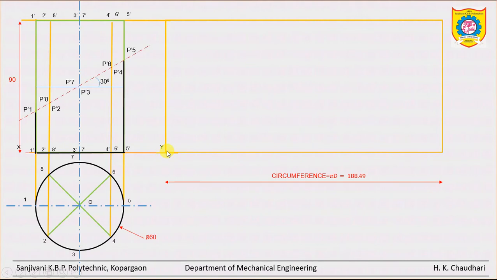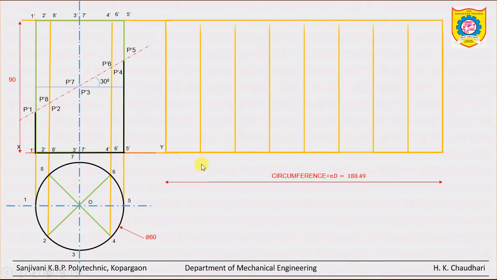Now divide this rectangle into 8 equal parts. These lines represent the respective generators drawn from these divisions 1, 2, 3, 4, 5 up to 8. We can name the divisions like this.